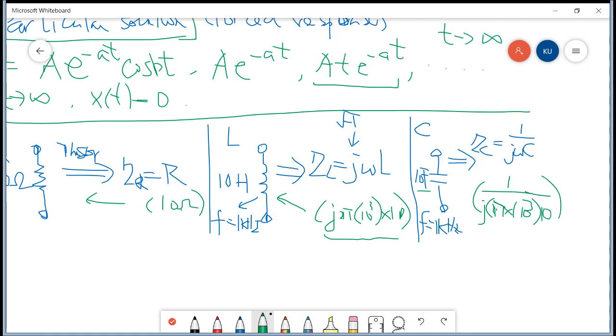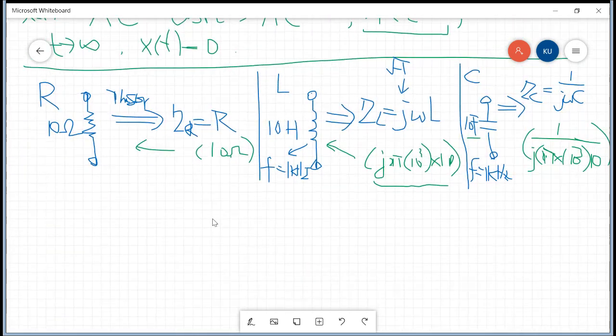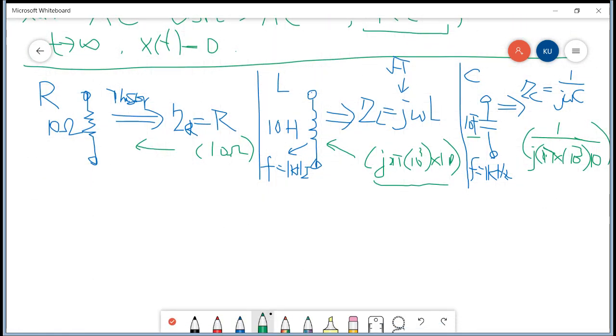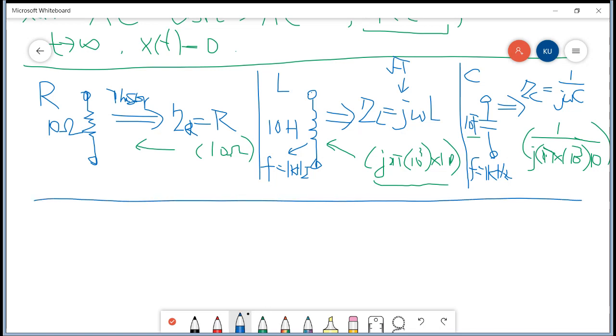So this is the impedance of a capacitor. So for our RLC circuit, we can make this conversion.